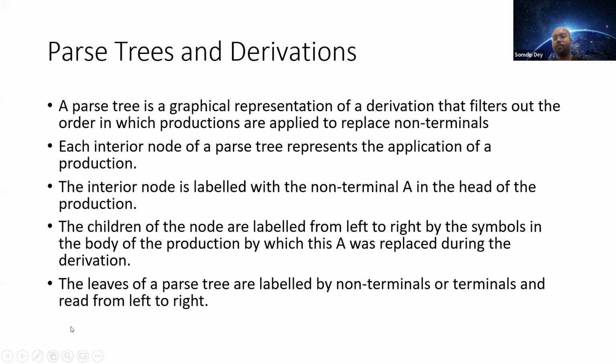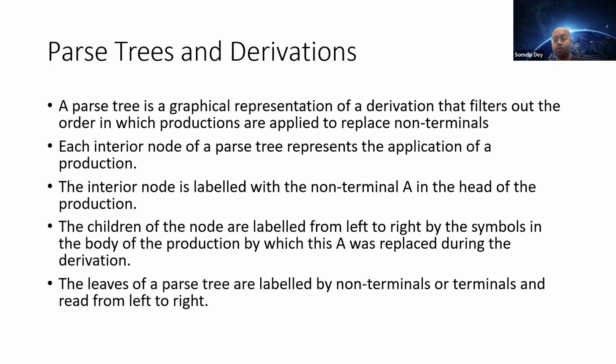Now, what is a parse tree? You should already know, but again, I'm going to jog your memory. A parse tree is a graphical representation of a derivation that filters out the order in which production rules are applied to replace non-terminals. Each interior node of a parse tree represents the application of a production rule.